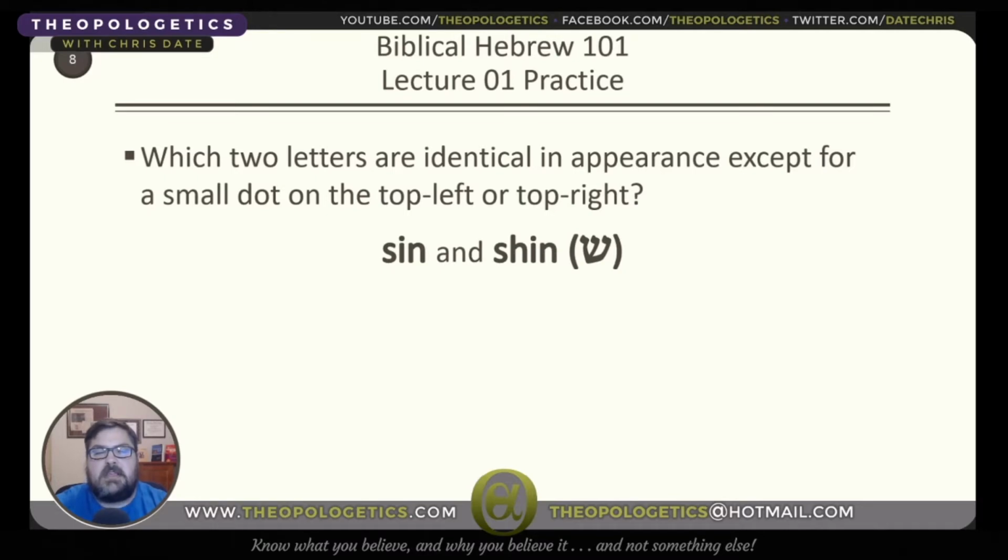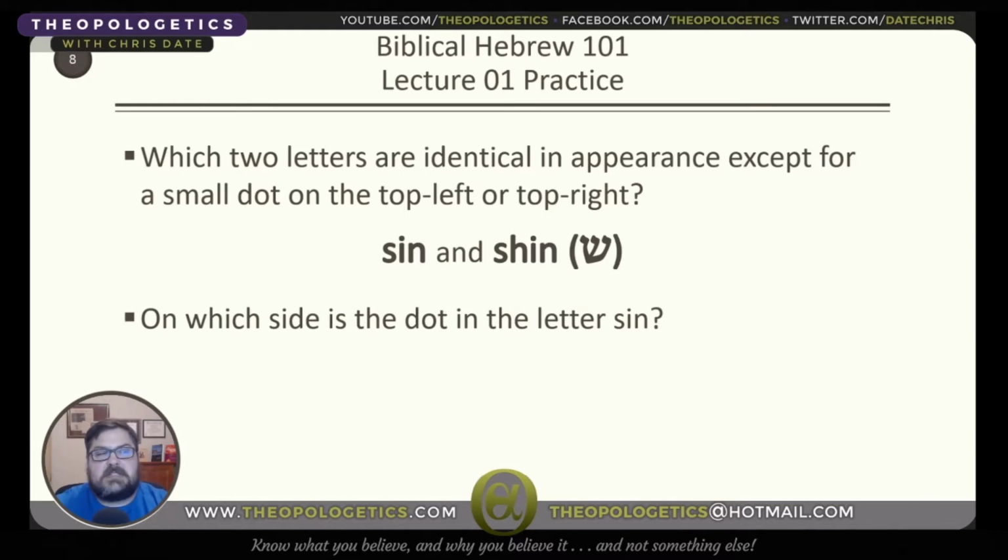And I've put the character without the dot in parentheses next to it. So both the Sin and the Shin look like this character. The only difference is that one of them has a dot above the left tine of the fork, and the other above the right tine of the fork. Those are where the dots go to differentiate the Sin from the Shin.